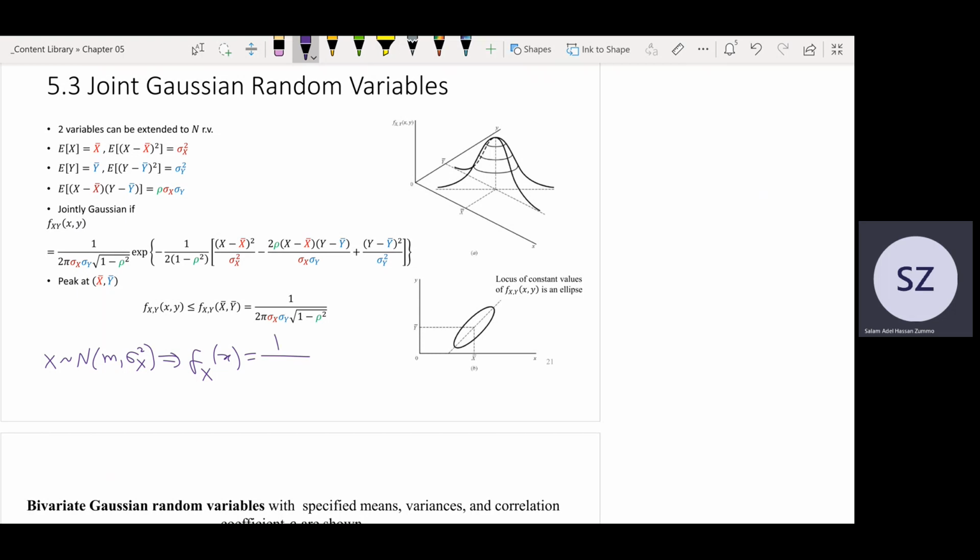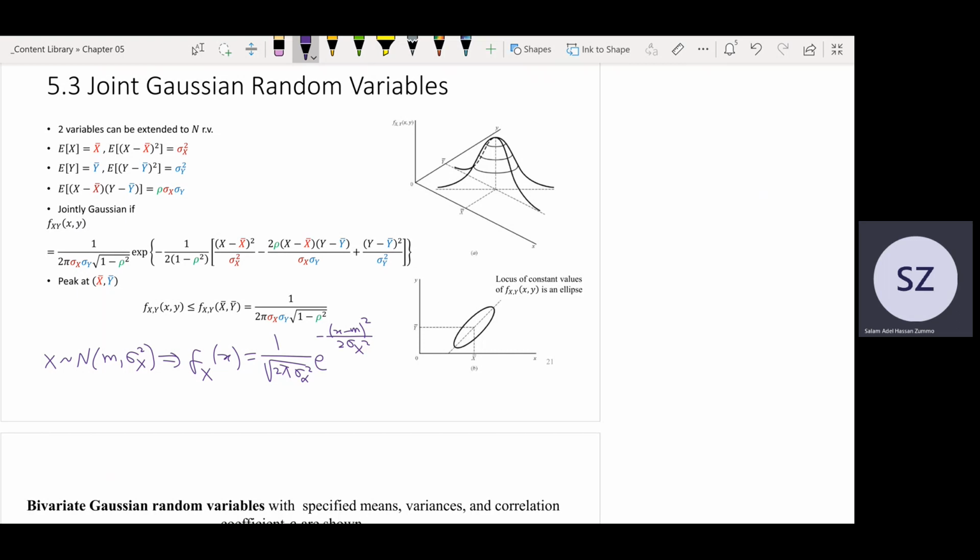What is the PDF of x? 1 over the square root of 2 pi sigma x squared, times the exponent of minus (x minus the mean) squared divided by 2 sigma x squared. So if x is Gaussian with mean m and variance sigma x squared, the PDF looks like this.